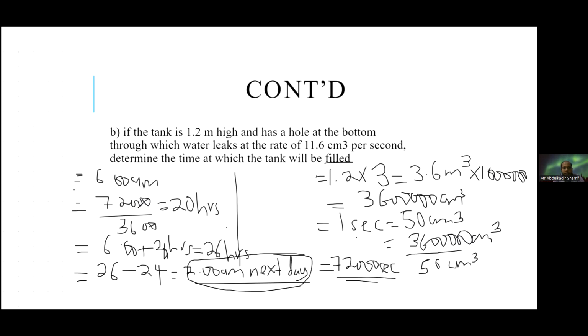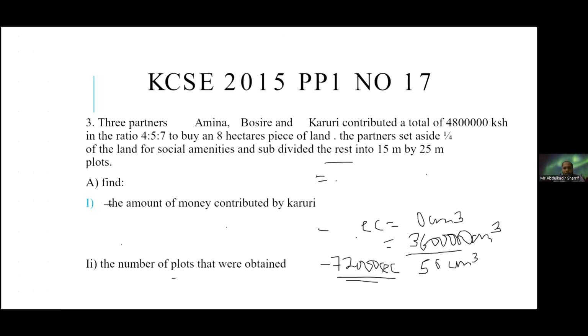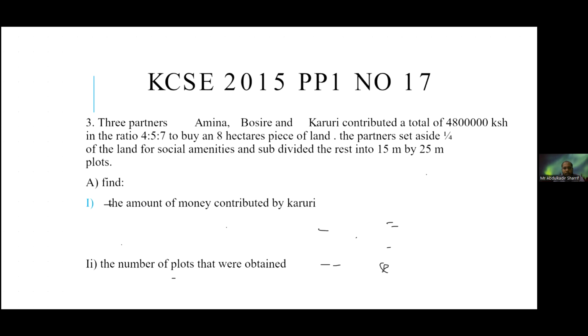So let's go to the next question. So the next question says, you have three partners, Amina, Bosire, and Karuri, who contributed a total of 4,800,000 in the ratio of 4:5:7 to buy an 8 hectares piece of land.